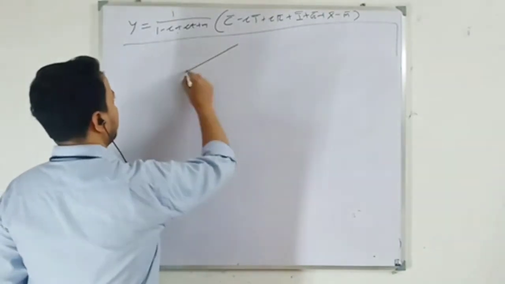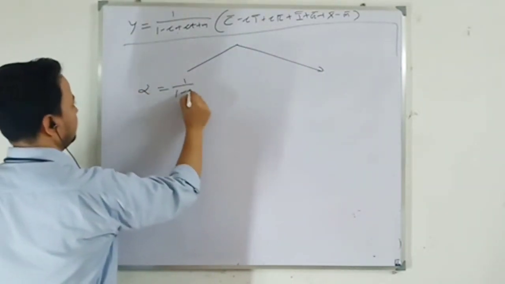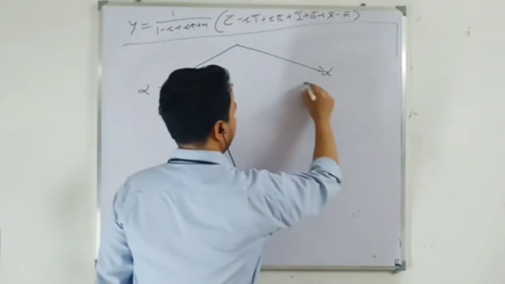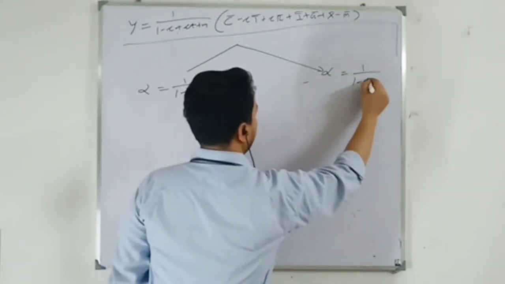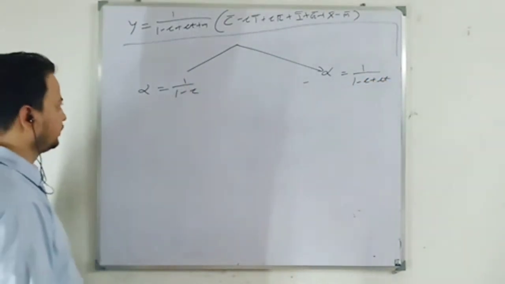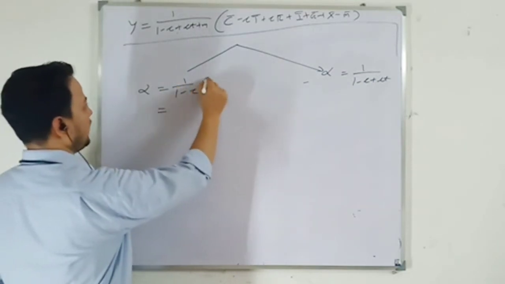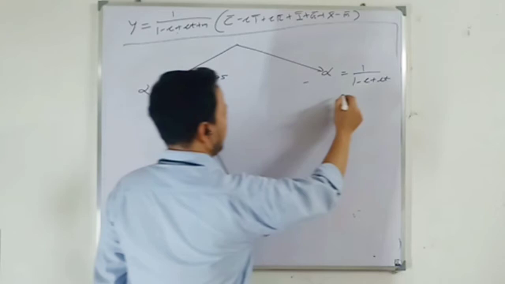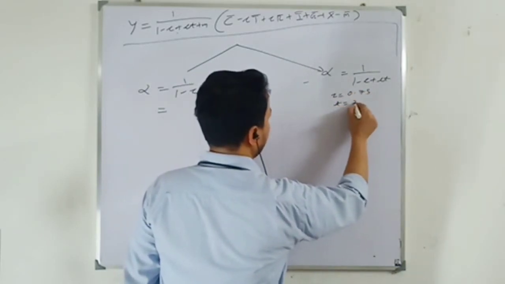So look at two multipliers, alpha. One is without tax, and one is with tax: 1 over 1 minus C plus Ct. Suppose small c is 0.75 and t is say 0.2.